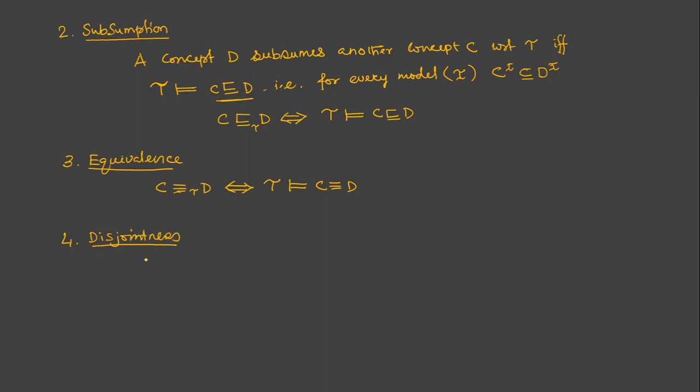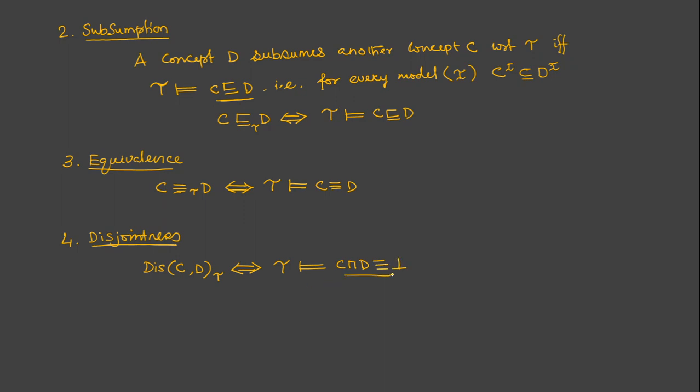right? So we say that two classes C and D are disjoint with each other with respect to the T box T if and only if the T box T models the statement, the axiom being C intersection D is equivalent to the bottom class.